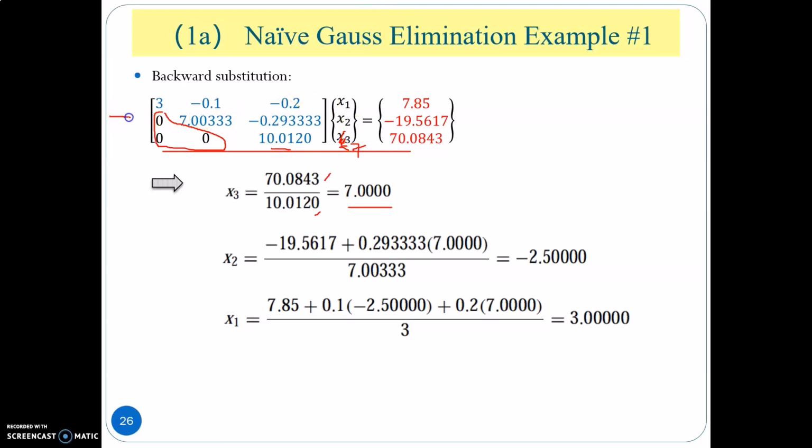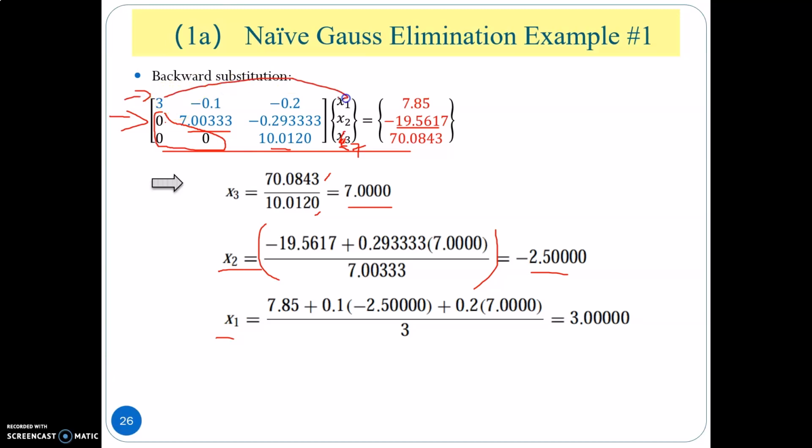Referring to the second equation, you have 0 multiplied by x1, which is 0, plus 7.00333 multiplied by x2 minus 0.29333 multiplied with 7 equal to this. With that, you should be able to obtain x2 to be this term, and after you calculate, you get negative 2.5.